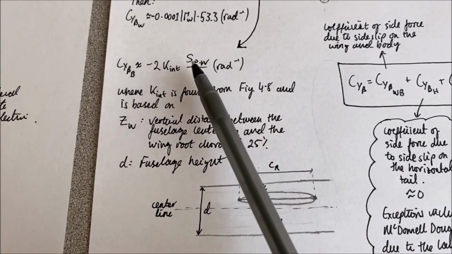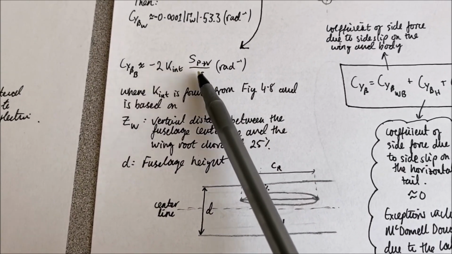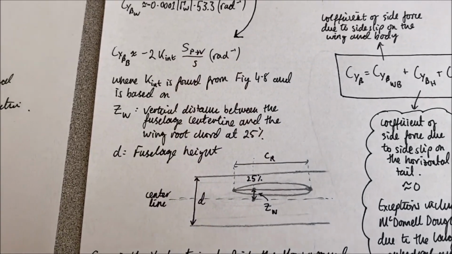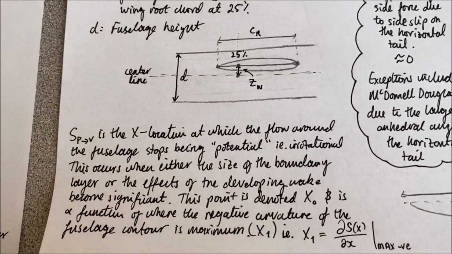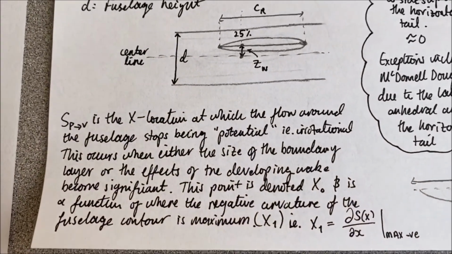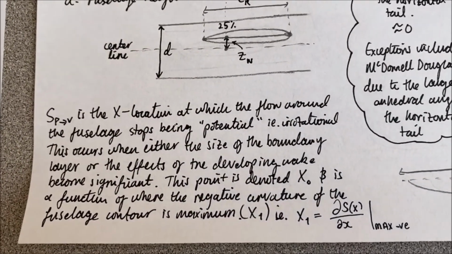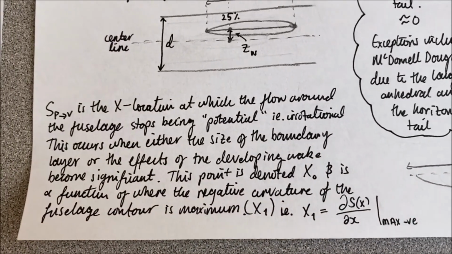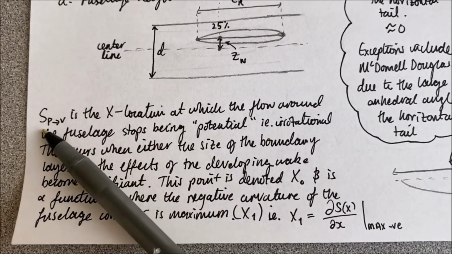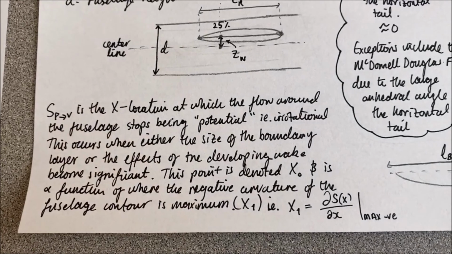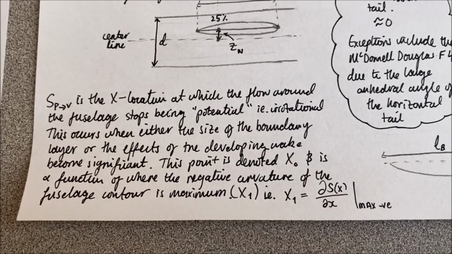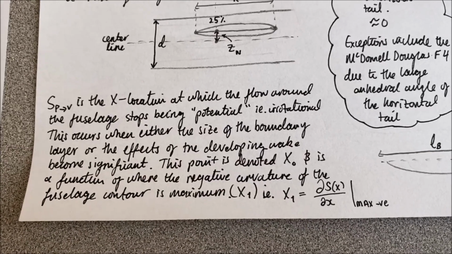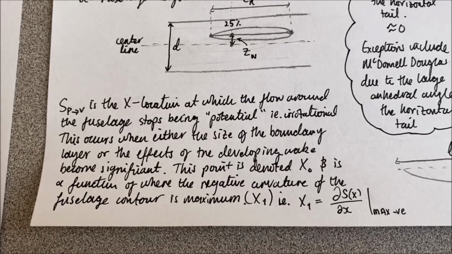Now let's deal with this new funny term here, s sub p arrow v, or p arrow v. Now bear with me on this one, it gets a bit fluid mechanics-y, but bear with it. This term basically defines the x location at which the flow around the fuselage stops being a potential flow. So it stops being irrotational.